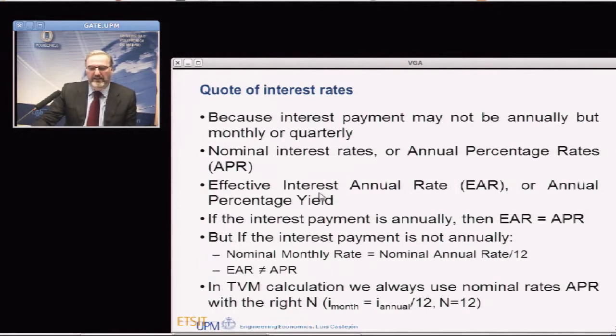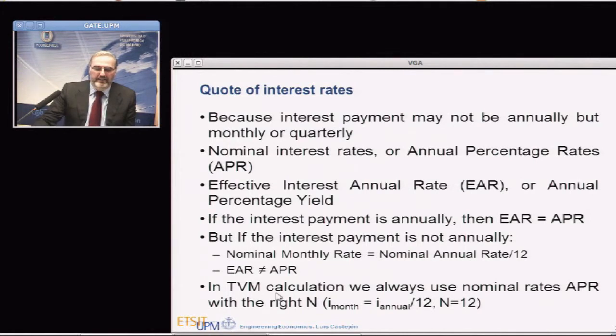The effective annual rate takes into account the number of payment periods, monthly, quarterly or annually. So if the interest payment is annual, then the effective annual rate is equal to the annual percentage rate. But if the interest payment is not annual, the nominal monthly rate we can calculate as the nominal annual rate divided by 12. But in that case, the effective annual interest rate is different from the annual percentage rate.